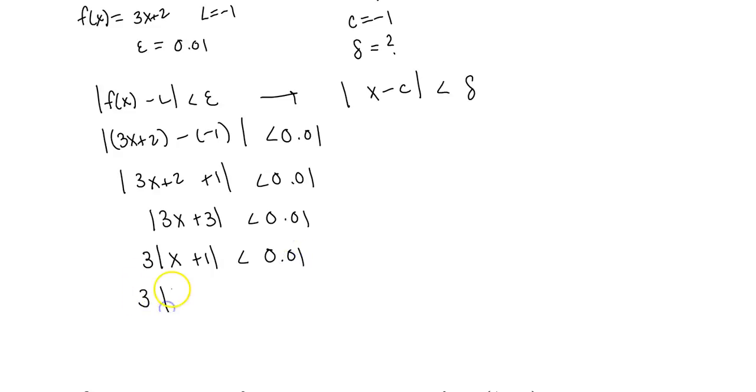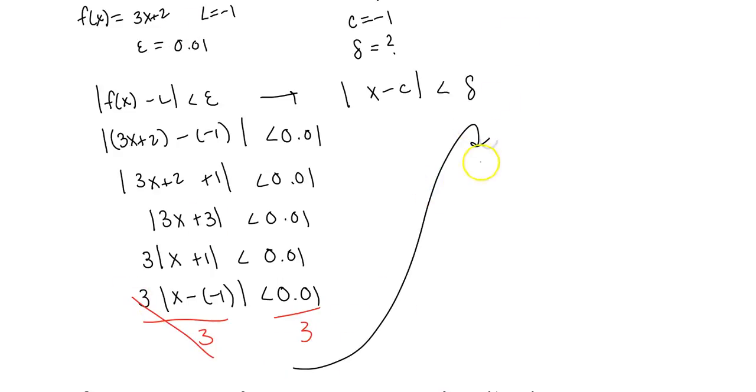And then I'm just going to change this back to x minus negative 1 because it fits my form a little bit better. And then I'm going to divide by 3. So coming up over here, I have that the absolute value of x minus negative 1 is less than 0.01 divided by 3.